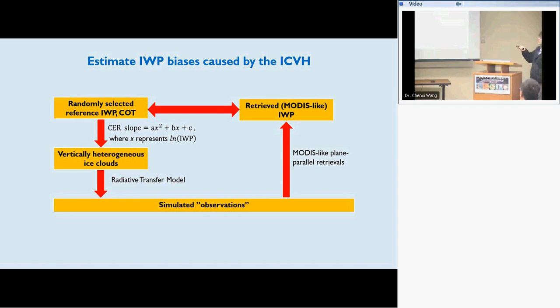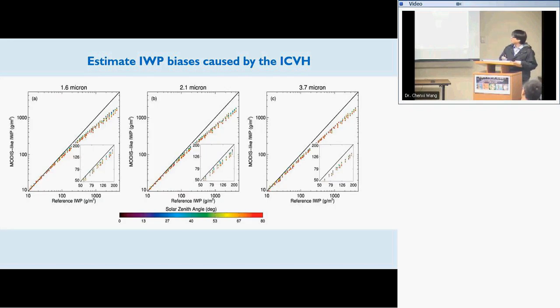To do this, we start from a randomly selected IWP and COT pair. With the IWP and the relationship we just derived, we can estimate the vertical distribution of CER. Then we put them into the reduced transfer model and get the simulated observation, and then conduct MODIS-like retrieval by assuming the cloud is homogeneous and get the retrieved IWP.